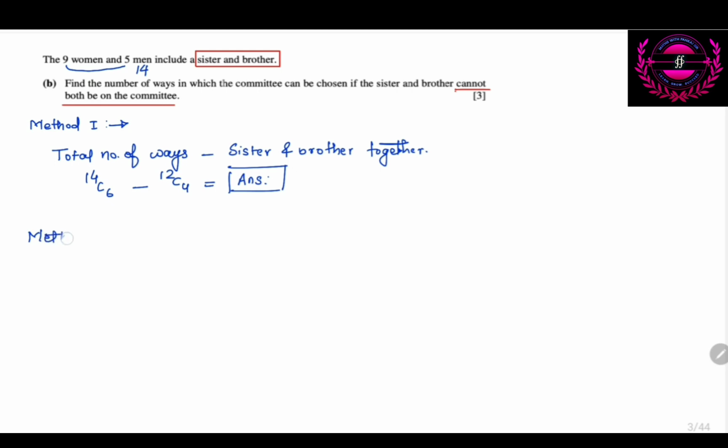Method 2 is also easy with some extra calculation. So brother and sister, they should not be on the committee together. So case 1 is when the brother is on the committee.